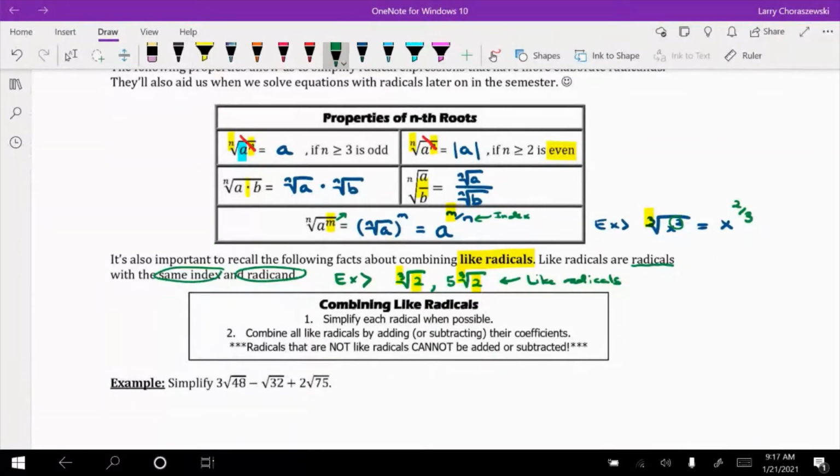Let's look at another example to contrast this with. Square root of 5 versus the cube root of 5. Do you guys think these would be like radicals?